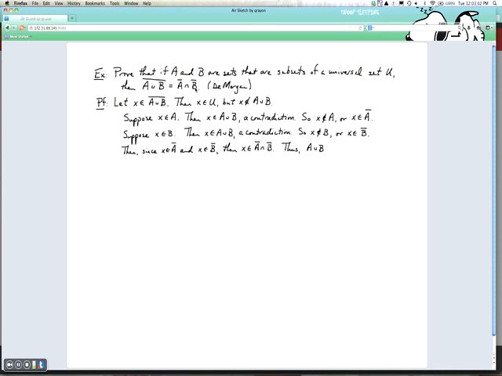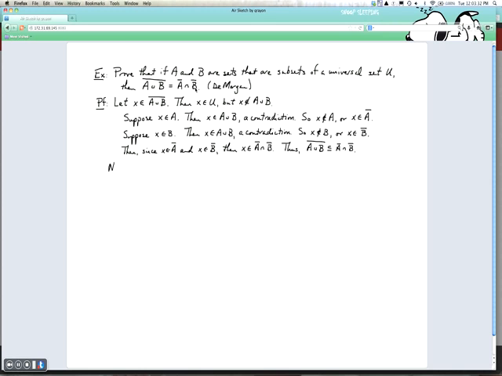Thus, I've established that A union B quantity complement is a subset of the intersection of the complements. Okay, so I've got the set inclusion this way. Now I need to show that A complement intersect B complement is a subset of the other side.